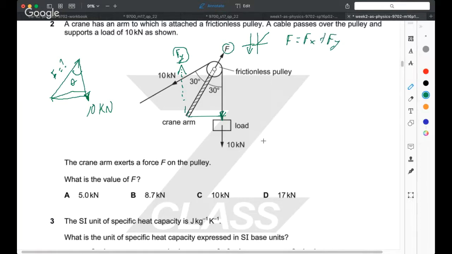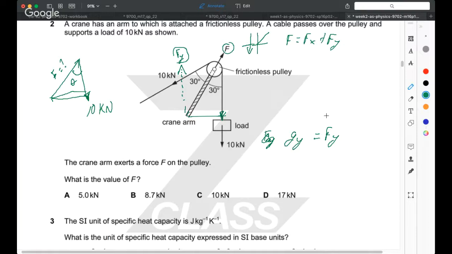And this one is only f of y. Not exactly this f, we'll call it g of y. And this g of y must be equal to f of y for the system to be in balance, to actually oppose. So you need to find f of y first.